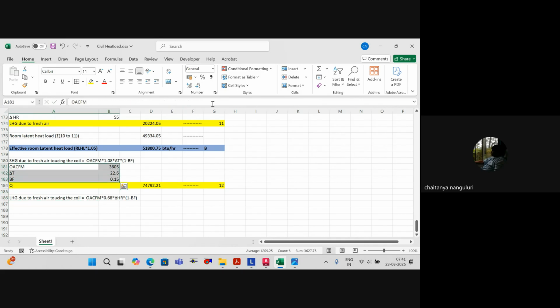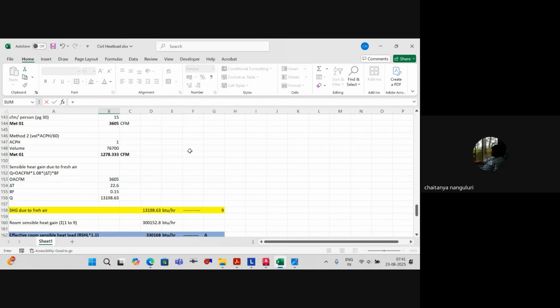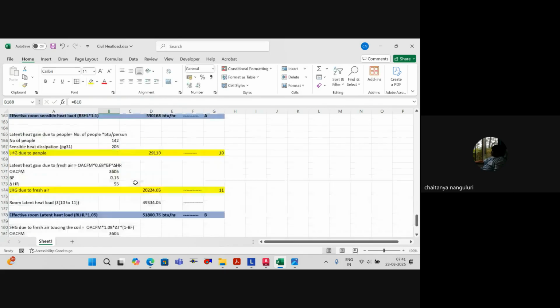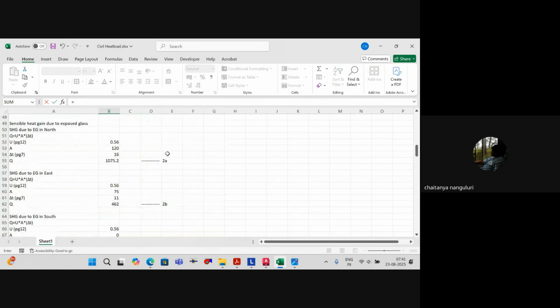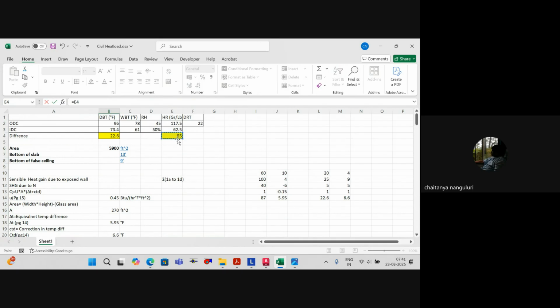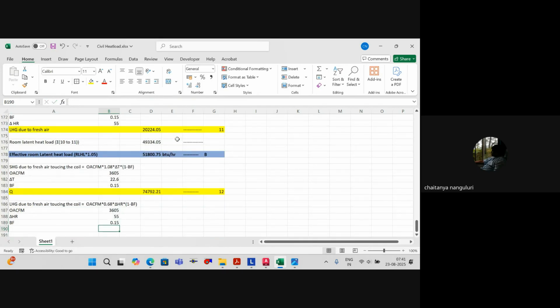So we know these values anyway. Of course, this is not CFM; this is the outside air CFM. And then delta T is actually delta HR, the humidity ratio. Again, from the start of the table, we know it: outside minus inside humidity ratio, and the bypass factor is this one.